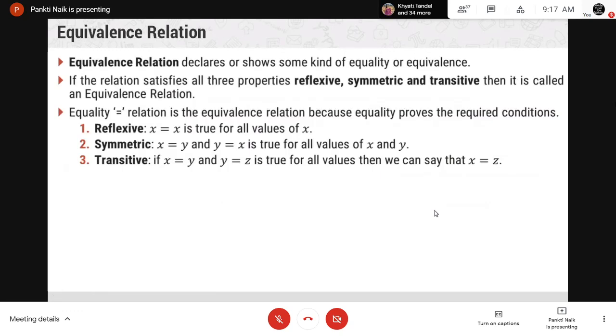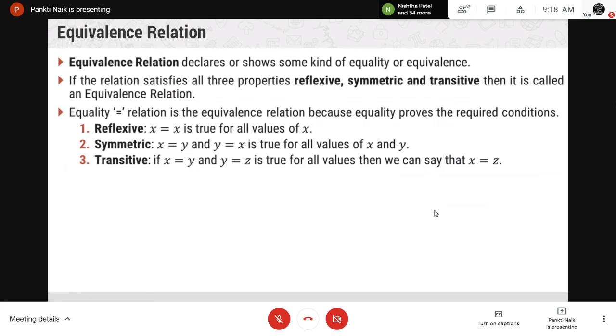Now next is equivalence relation, right? An equivalence relation shows some kind of equality or equivalence. If a relation satisfies all three properties, reflexive, symmetric, and transitive, which I have already shown, then it is called an equivalence relation.